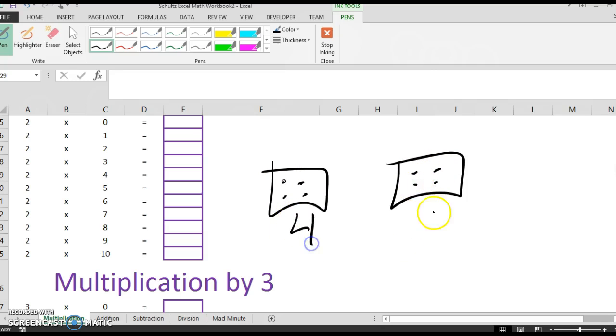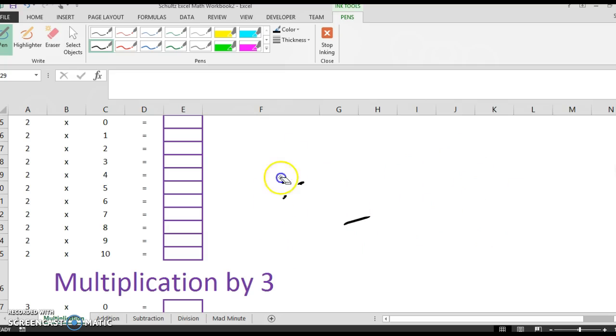So if I have 4, 4, that's just like adding. That's my doubles facts. So that would be 8. So I would come over here to where it says 2 times 4, and I would put 8. And so on and so forth.